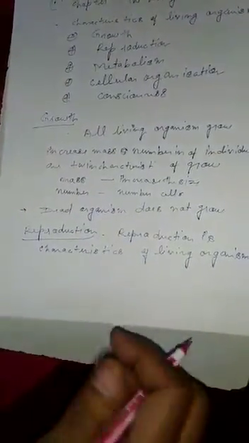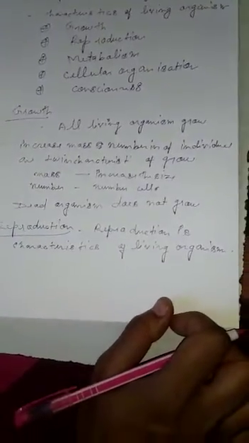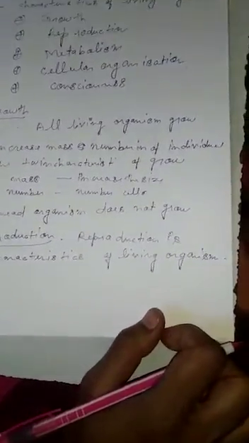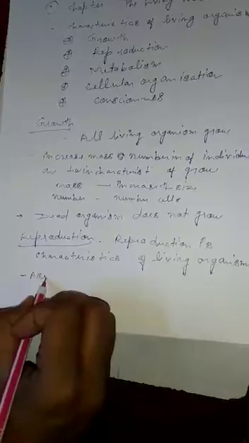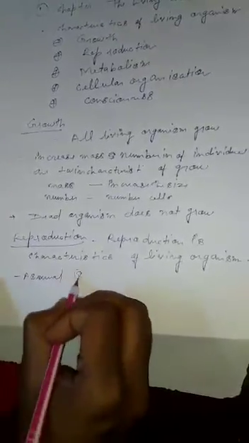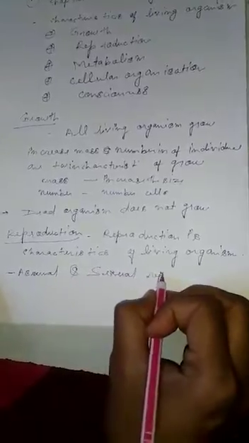Then asexual and sexual reproduction. In unicellular organisms like amoeba, bacteria, and Chlamydomonas, multiplication increases numbers, and this is defined as growth. Then asexual and sexual reproduction.